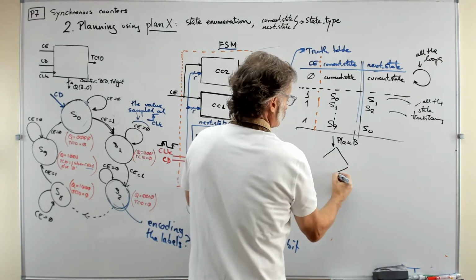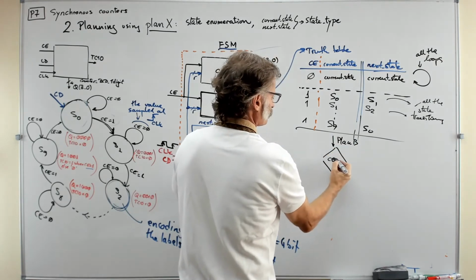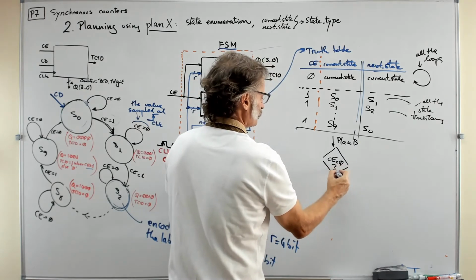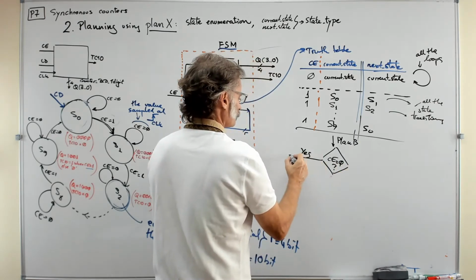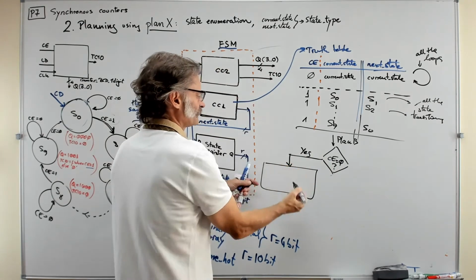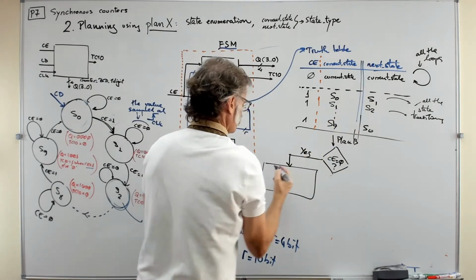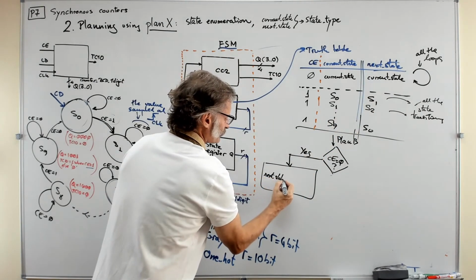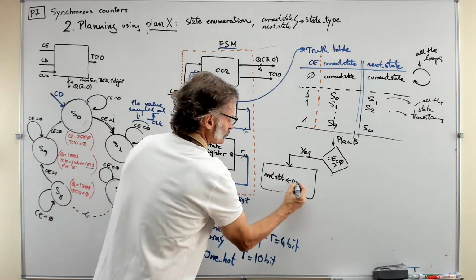Now, using the first question here, what about count enable? If count enable is 0, if you say yes, so what is that you have to do? What is that is left to do in this system? Well, next state is simply current state.